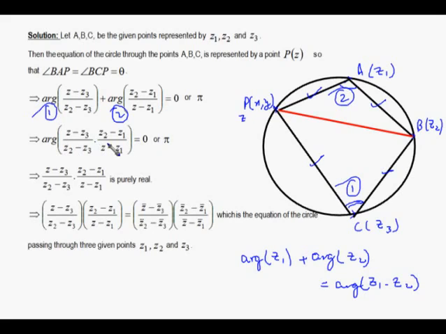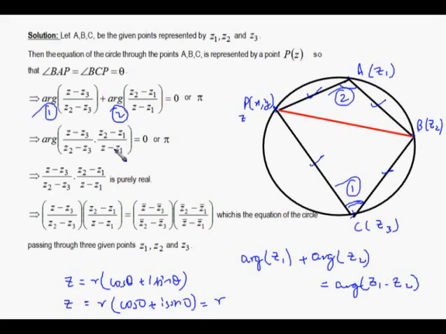So the argument of a complex number is 0. If you recall, for a complex number r(cos theta plus i sin theta), if my argument of that complex number is 0, then z can be written as simply r(cos 0 plus i sin 0), which is only going to be equal to r. That means it will be purely real.